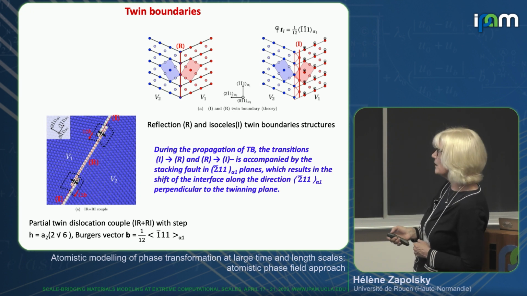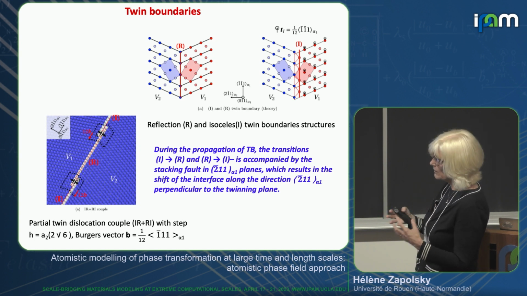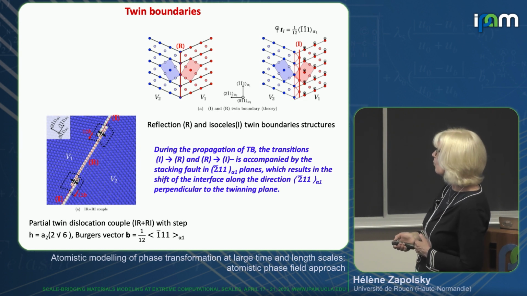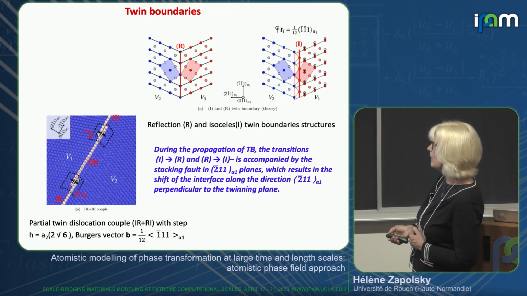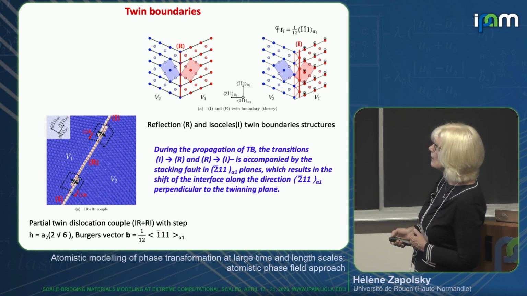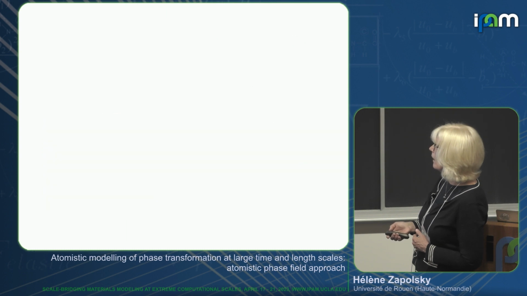The propagation of this interface can be related to the propagation of a dislocation, in this case a stacking fault, because to go from FCC to BCC, we should introduce a stacking fault, which we observed in this kind of modeling. The interface will move in the -211 direction, which is perpendicular to the twinning plane, and the step of this kink is approximately 2√6 a₂, where a₂ is the lattice parameter of the BCC phase.